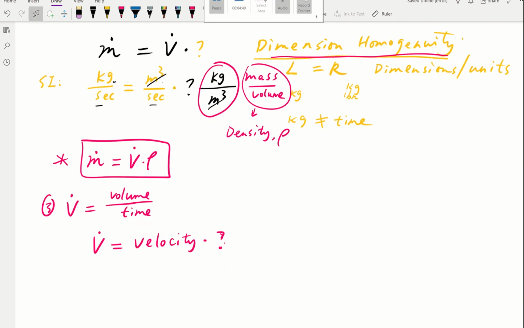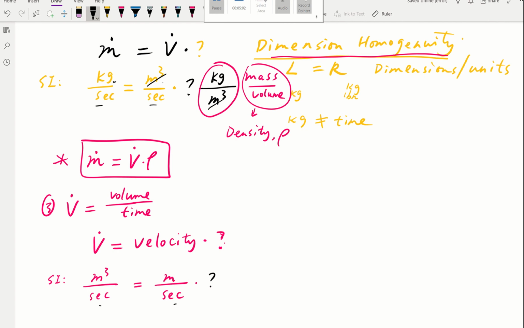Volume flow rate in SI unit is how much volume is passing through, meter cubed per second. And velocity is distance traveled per time, which gives us meter per second. Then what would be this missing link?